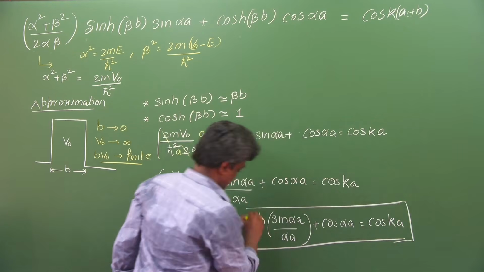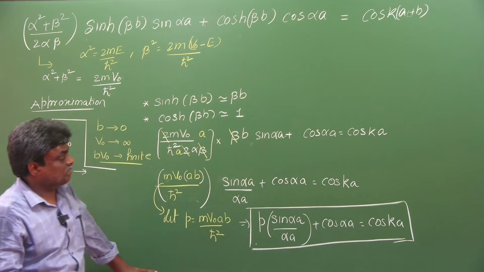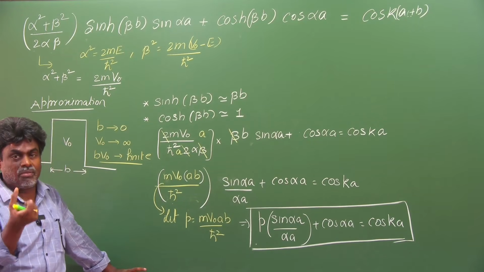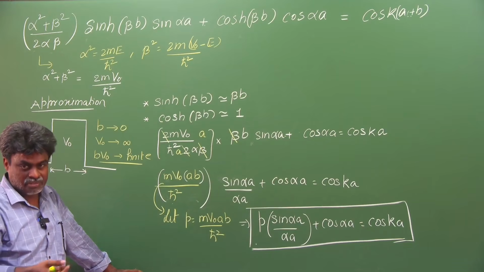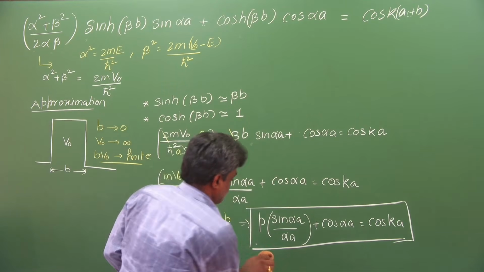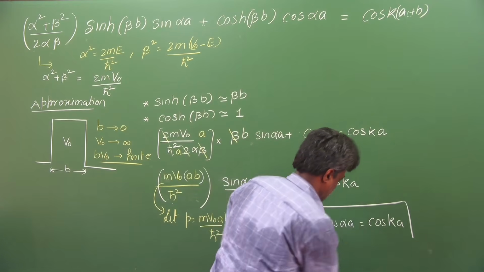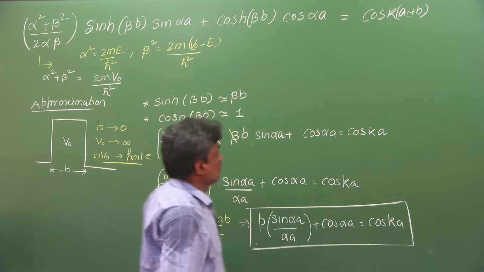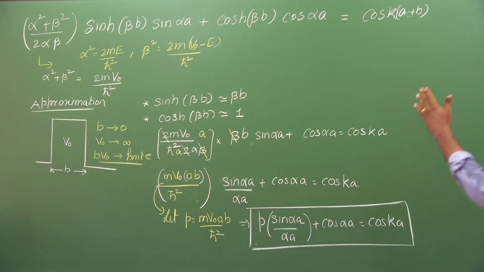Thanks. This expression will tell you where we will get the energy band, where we will get the forbidden gap. How it explains, I will explain. Don't expect the complete derivation.